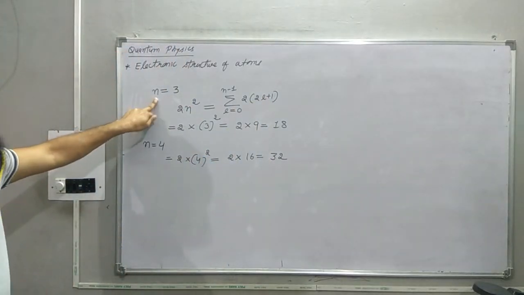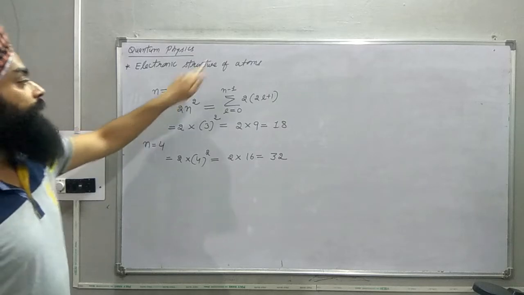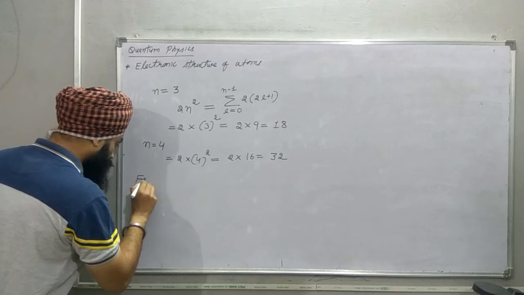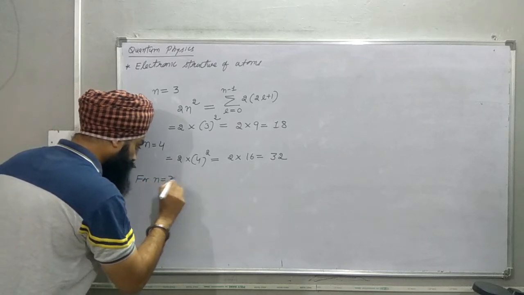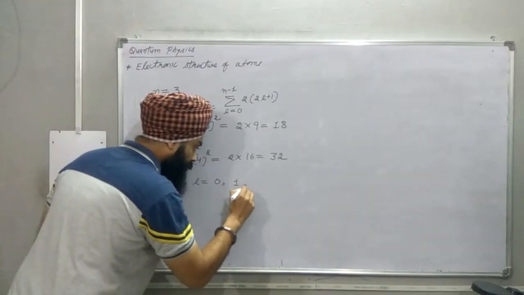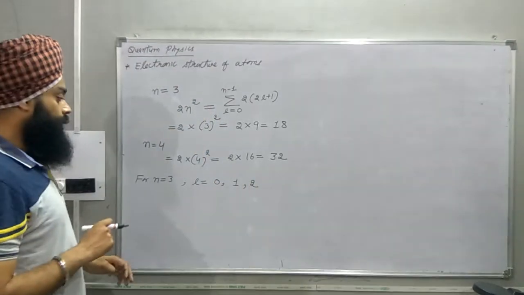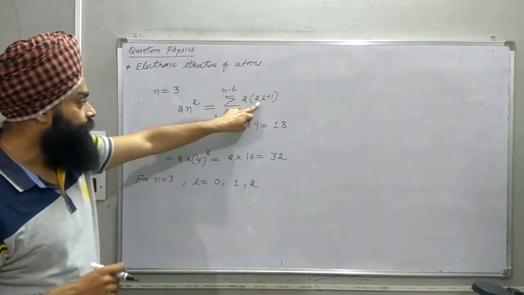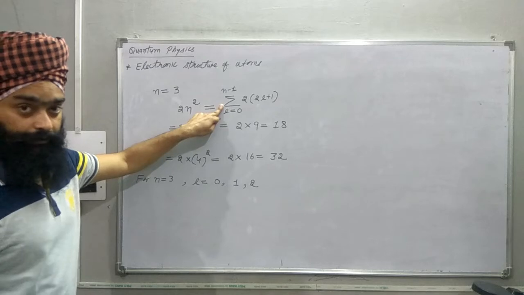Let us take the example for n is equal to 3. We will calculate using the L values. For n is equal to 3, L values are 0, 1, 2. So we will go on putting the value of L in this formula and adding, because here is the sigma sign.